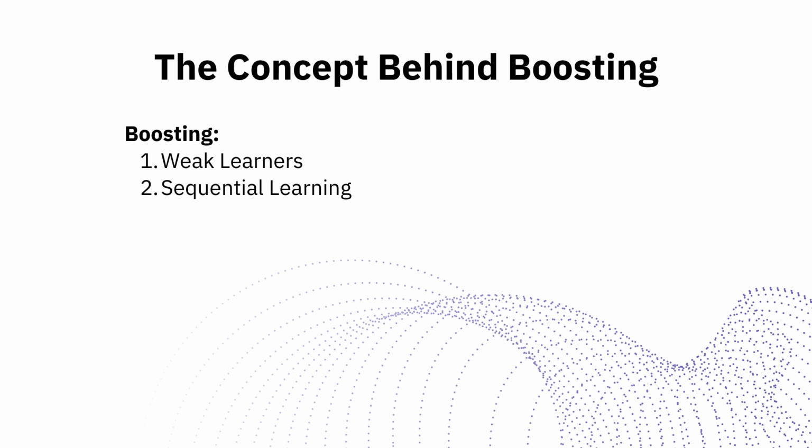The idea is to take weak learners, models that perform slightly better than random guessing, and combine them in a sequential manner to form a strong learner. Each new model in the sequence focuses on correcting the errors made by the previous models. This approach helps to reduce bias, which is the gap between the model's predictions and the actual outcomes.